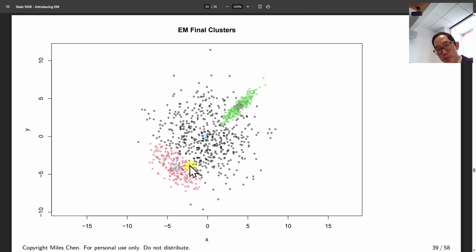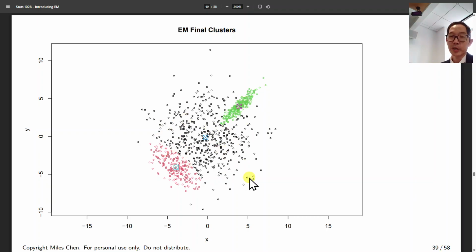So again, these points are probabilistically assigned. So the ones that are right on the border are like 51% red cluster 2 and 49% black cluster 1 and things like that. But overall, probabilistically, if we had to just pick one assignment, we'd say these ones get assigned to this cluster, these get assigned to this cluster, everything else gets assigned to the center cluster, okay?